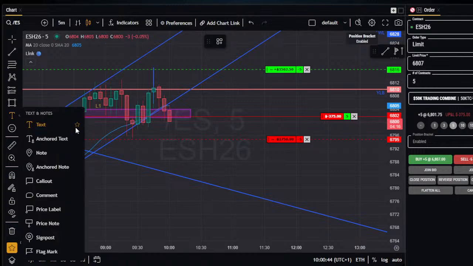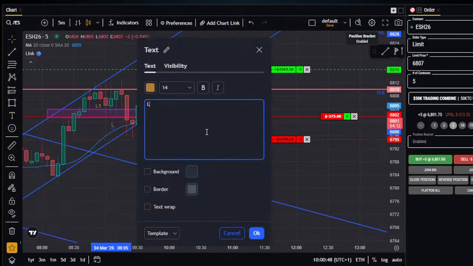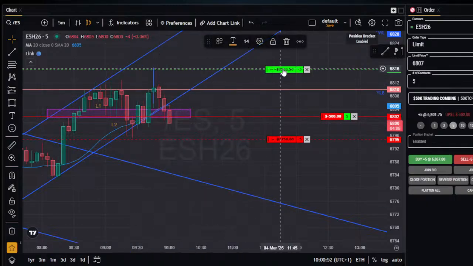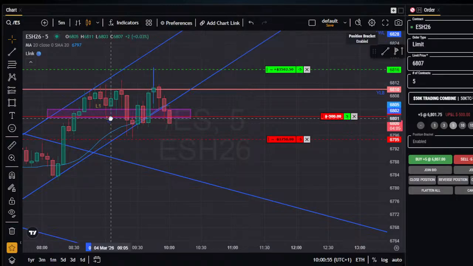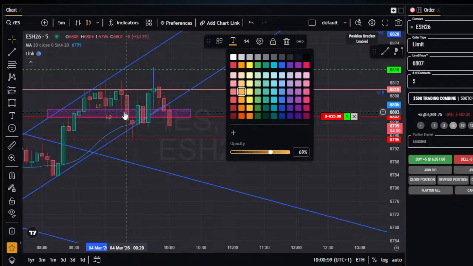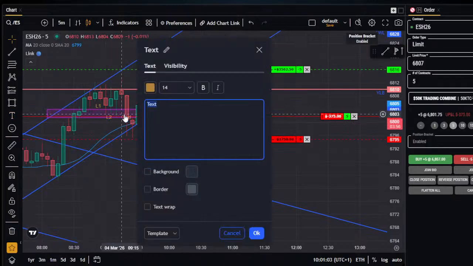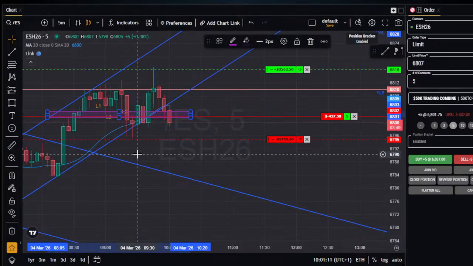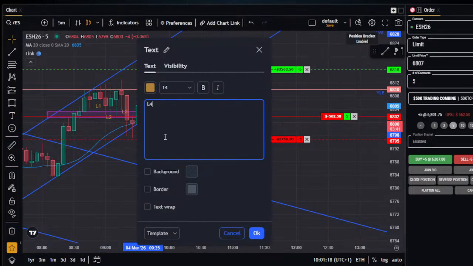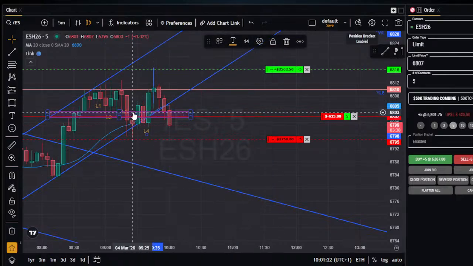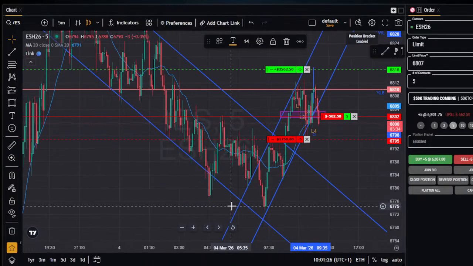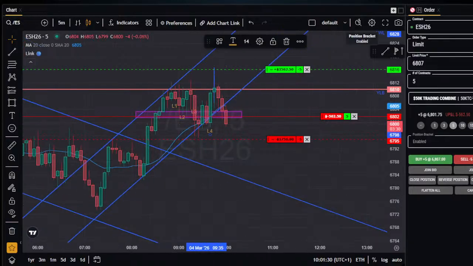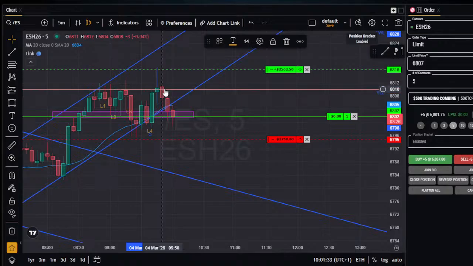Low 2, low 2, low 3, low 4, and this is the first high 1, complex high 1, and this could be 1, 2, 3.